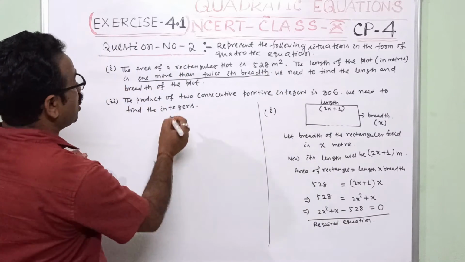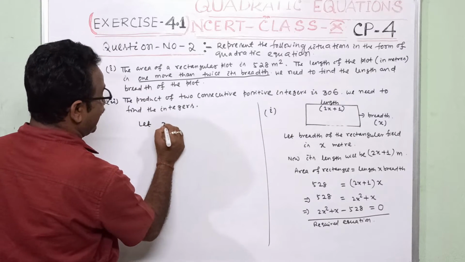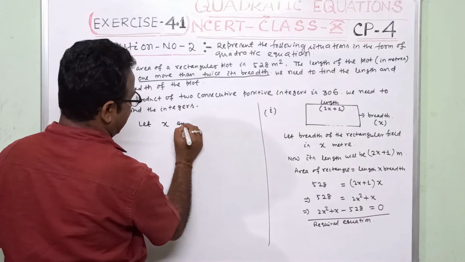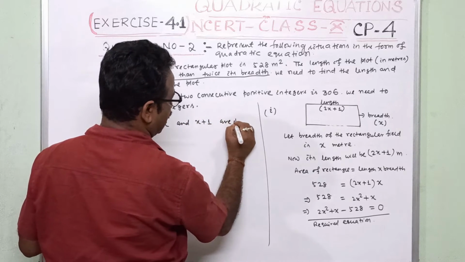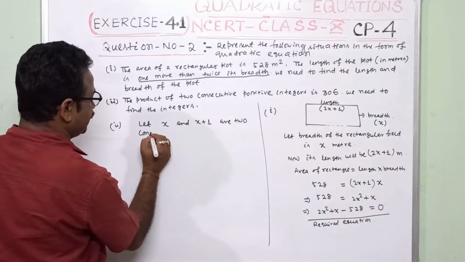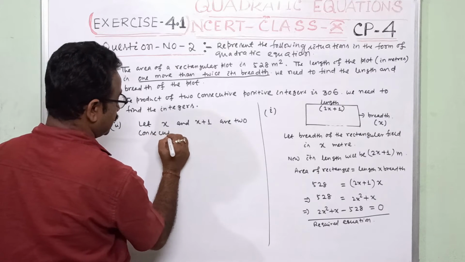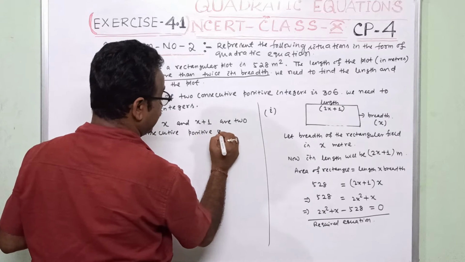So now, product of two consecutive positive integers. Let x and x plus 1 be two consecutive positive integers.